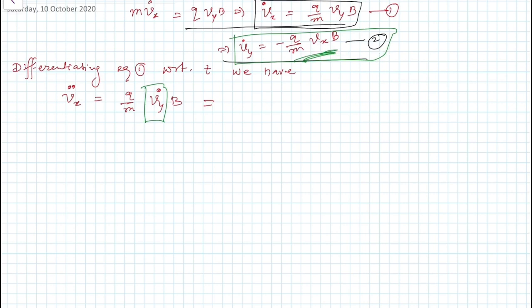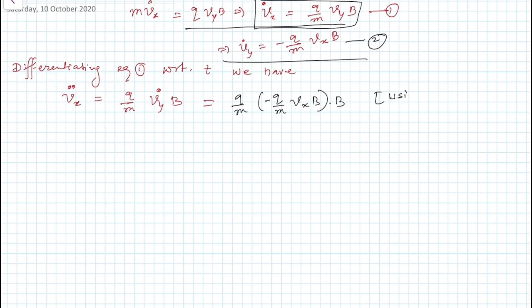So if you replace this, then you will get q by m times minus q by m vx B into B.